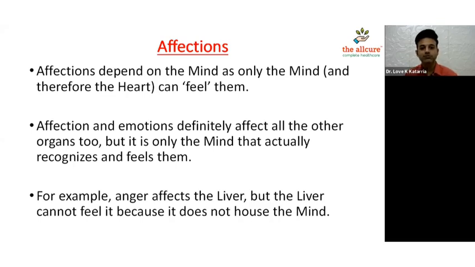Affections and emotions definitely affect all the other organs too, but it is only the mind which recognizes them. For example, the liver has the emotion of anger. So the liver will be affected by anger, but you are getting angry. Who will tell you? It is the mind which is going to tell you that you are getting angry.